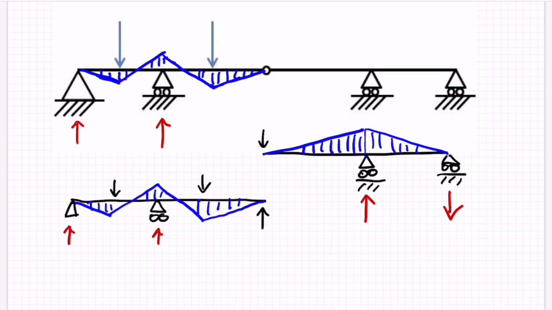And it's a linear variation, and we know it has to reach 0 by the time we get to the pin. And because these are the only two forces, this is our only gradient change in the bending moment diagram. So we can fill in the rest of it here. And that is our answer.